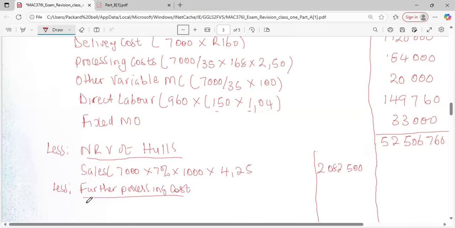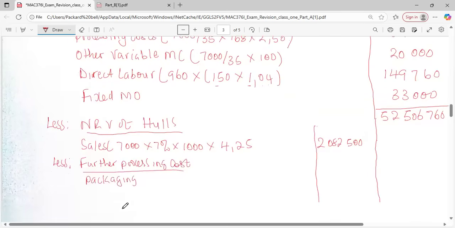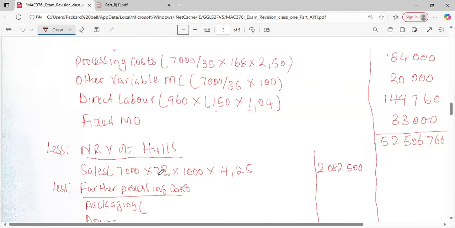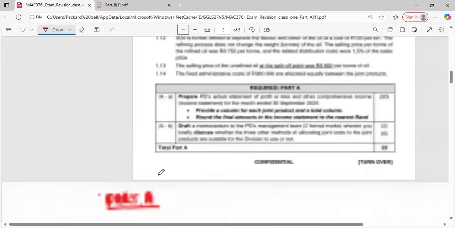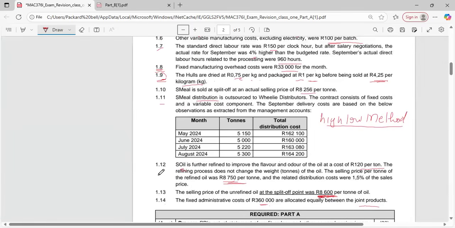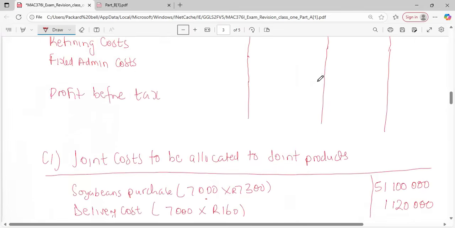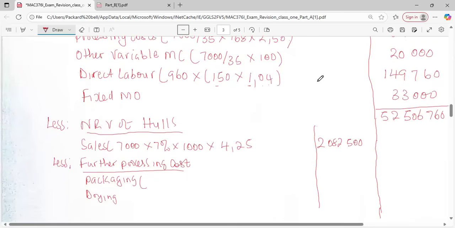We have the packaging, we have drying. So the packaging is 1 rand per kg.